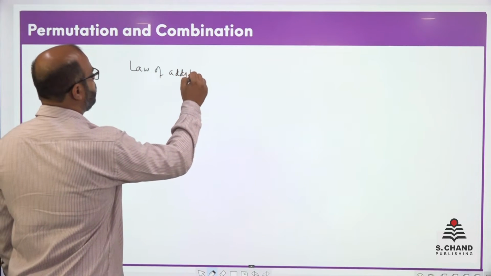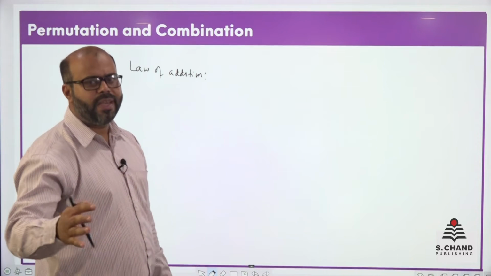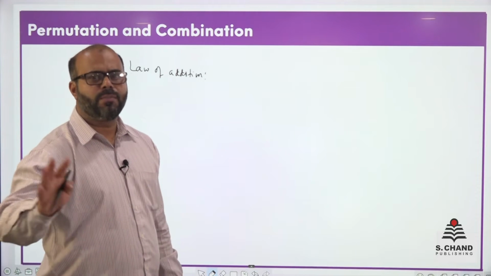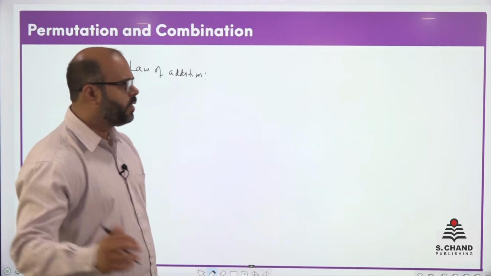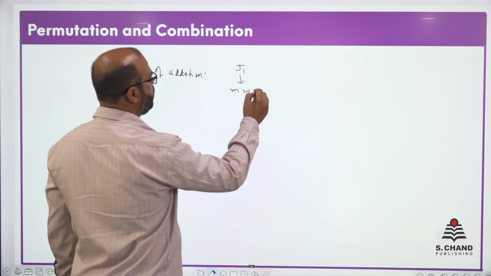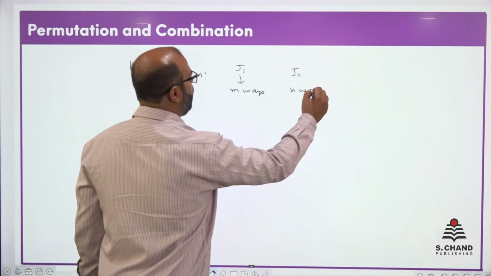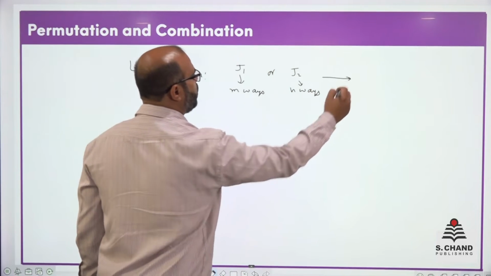What was law of addition? When we have two jobs or three jobs or any number of jobs, and if you do any one of the jobs, your work is completed. That means job 1 is done in m ways, job 2 is done in n ways, and if either job 1 or job 2 is completed, then we say that the job is completed.